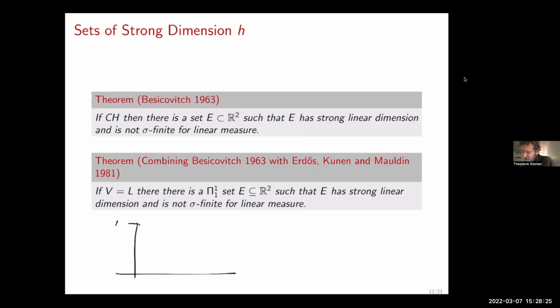What Besicovitch did was choose a special set of y's, and then you look at all the line segments.